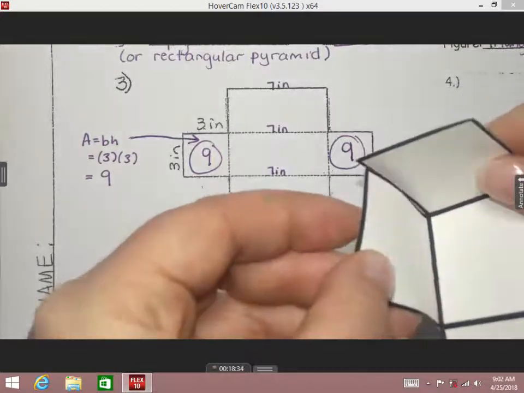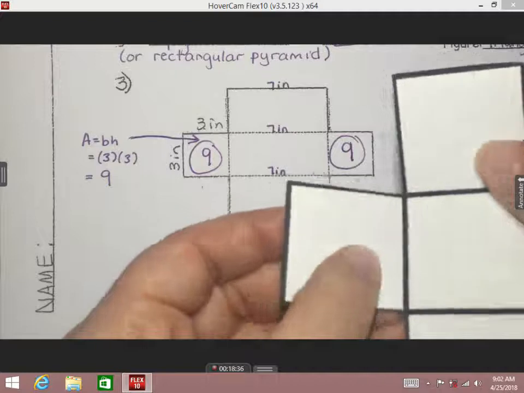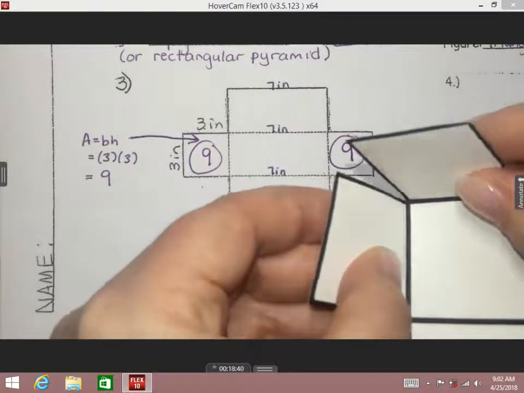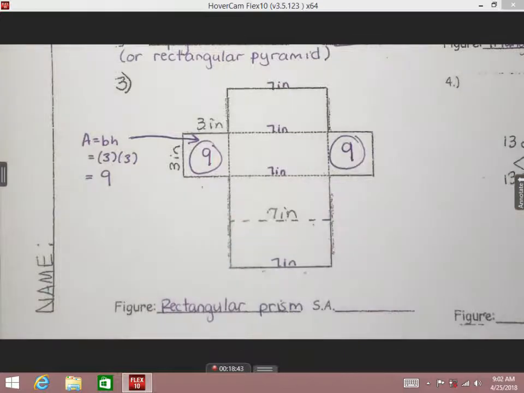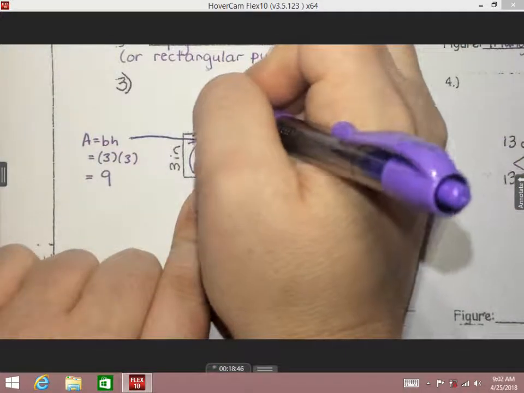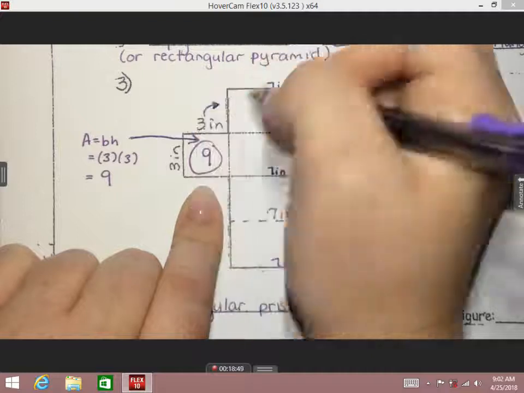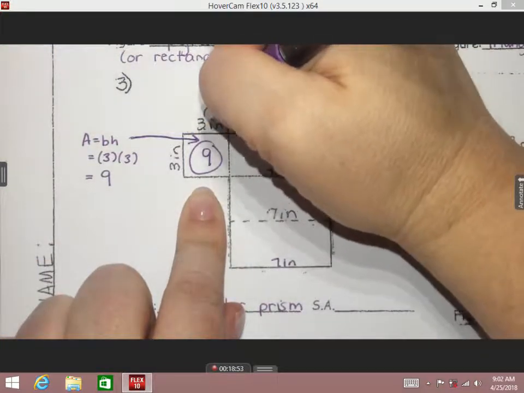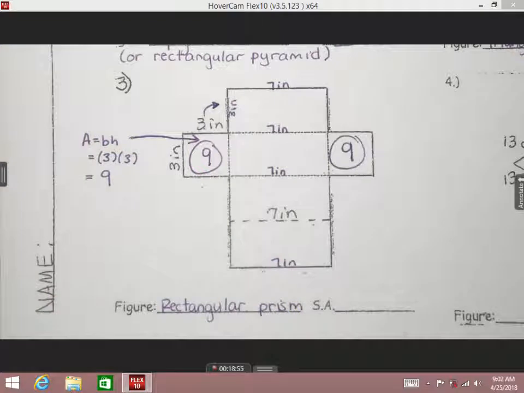They connect. So since those connect, for it to fit perfectly, they're going to have to be the same. So, guys, whenever you have a measurement on the side like this, I can go ahead and draw an arrow because I know it's going to have to match that side. So this is also going to be 3 inches. Now do I have the base and the height?